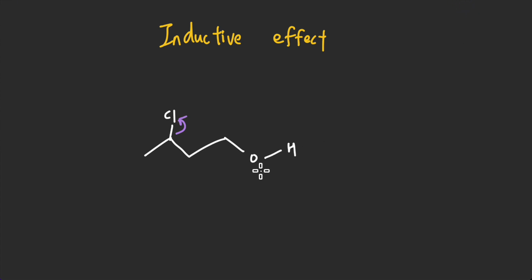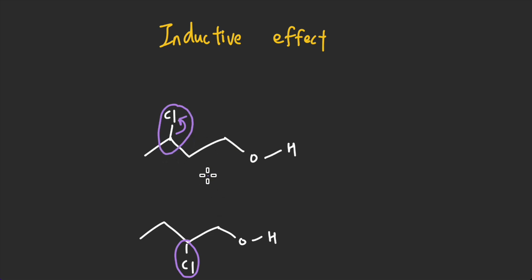So if we compare two compounds, where the second compound looks like this, we compare the position of the chlorine atom. We can see that the chlorine atom in this second compound is much closer to this oxygen.